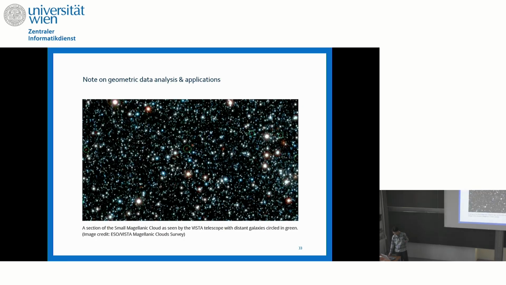For example, if you are working with this kind of data, galaxies where you have a 2D embedding and many attributes attached to it, one can think of applying the same kind of geometric and statistical tools adapted to this context.